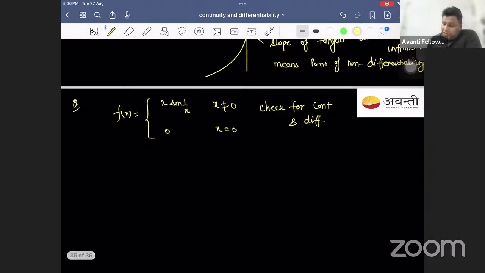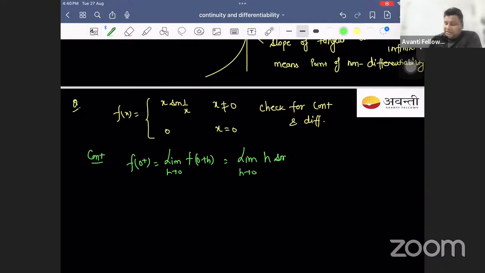Now, first of all, for the continuity. f(0+) is the limit as h approaches 0 of f(0+h), that is the limit as h approaches 0 of h sin(1/h). In the previous class I told you this value lies somewhere between -1 and 1, and the outside h will make it 0. So this answer is going to be 0.